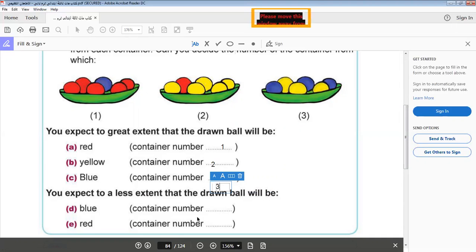Here he wanted the least extent that the drawn ball will be blue. So the smallest, the container which has the fewest blue balls, is the first one. And for red, container 2, because container 2 has just 1 red ball.